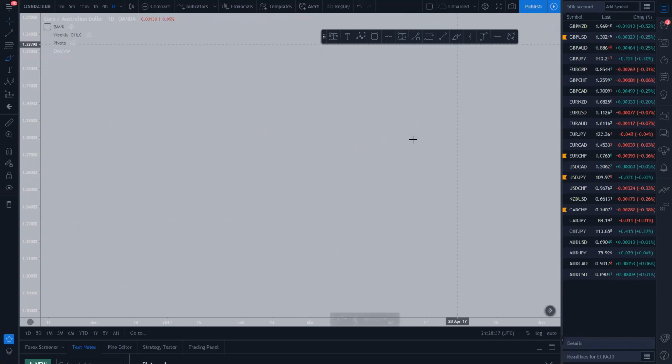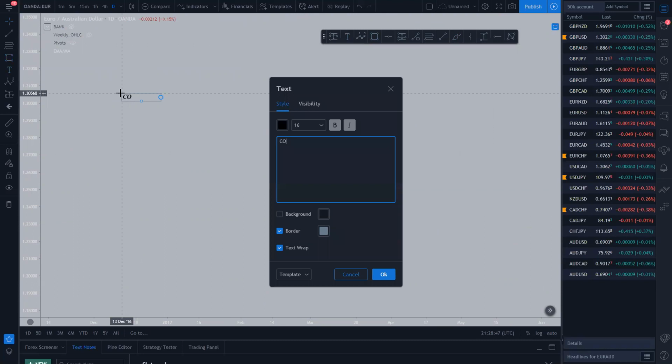All right, so there are 2 types of M's and W's that you're going to come across. One of them is called a confirmed M and W. This is what we taught you at the workshop. If you guys remember the close above, close below, close above, crossover.